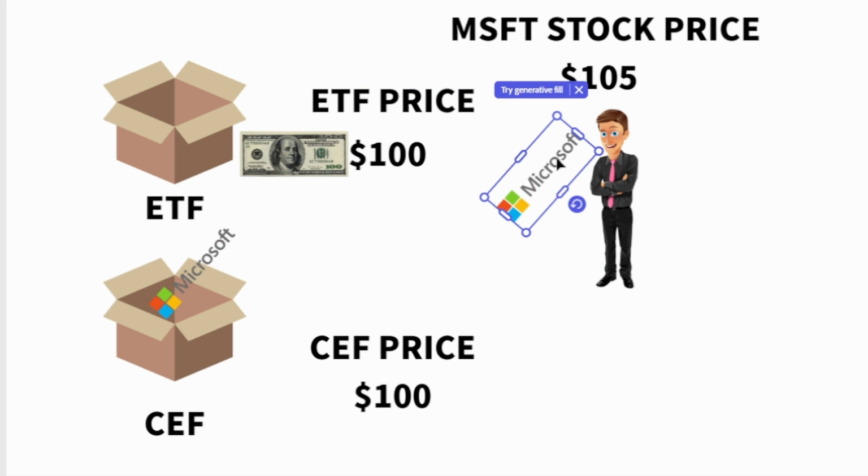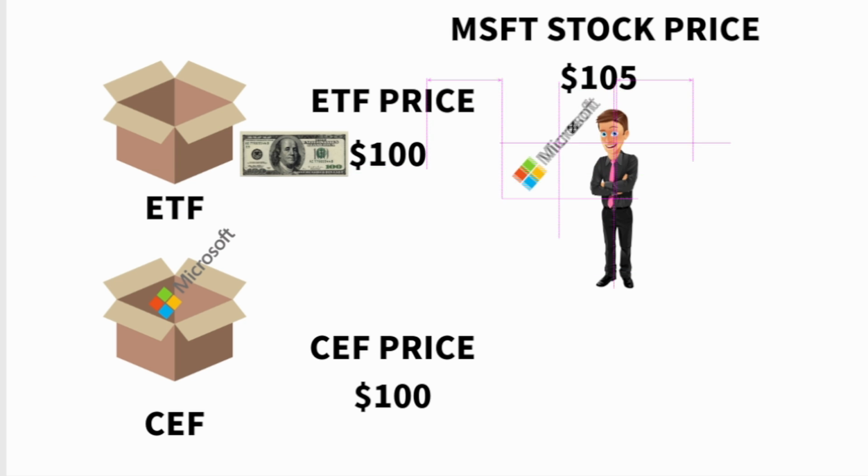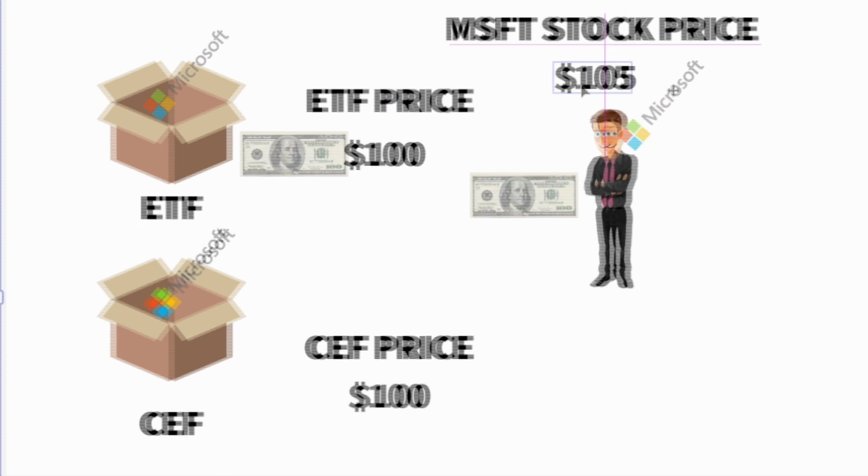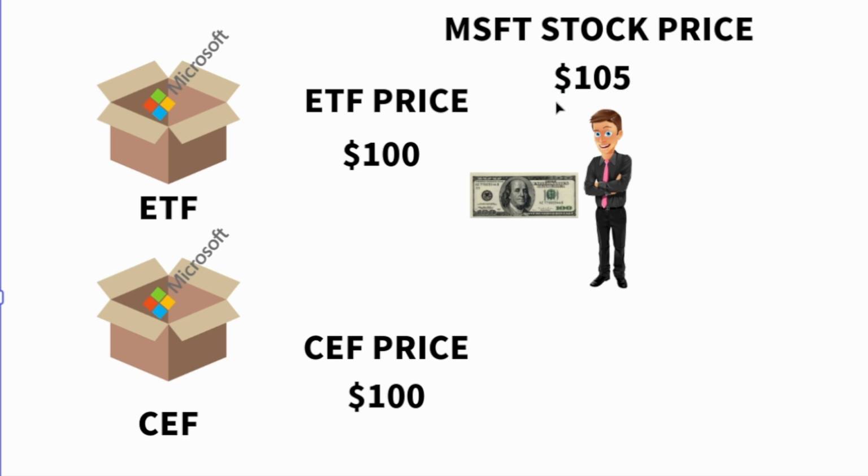And he takes this Microsoft that he paid $100 for and now sells it in the open market for $105, and so he makes $5. Normally, the discrepancy probably won't even get that big, and enough people will keep doing that so that the price of Microsoft stock will go down a little bit and the ETF price will go up a little bit until there's no more arbitrage.